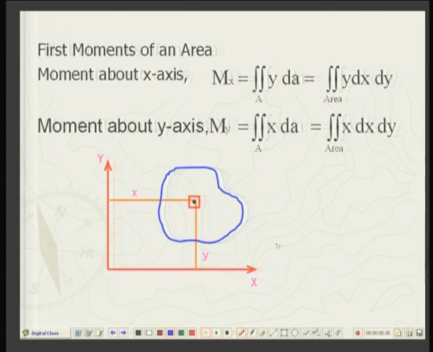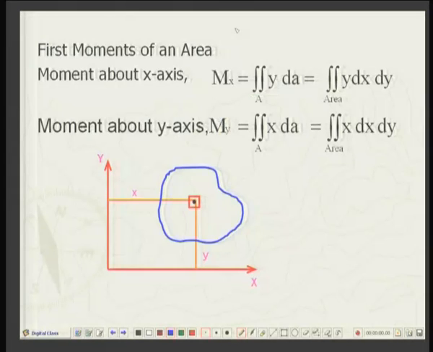So, first we will start with the first moment of an area. Here is an arbitrary figure. Well, we can calculate its area graphically, or if the figure is well described by an equation, with the help of area integrals we can find out its area.